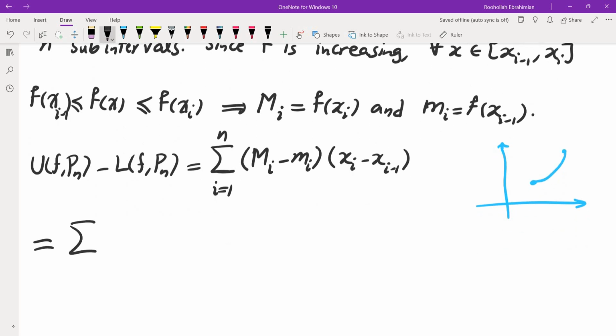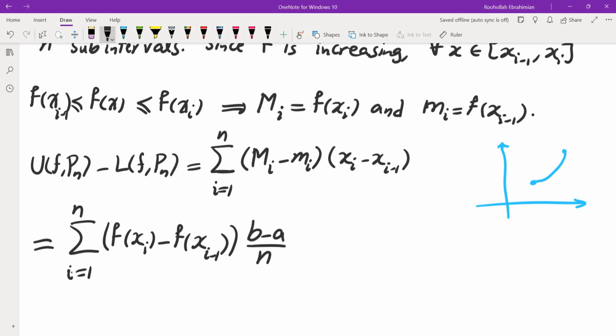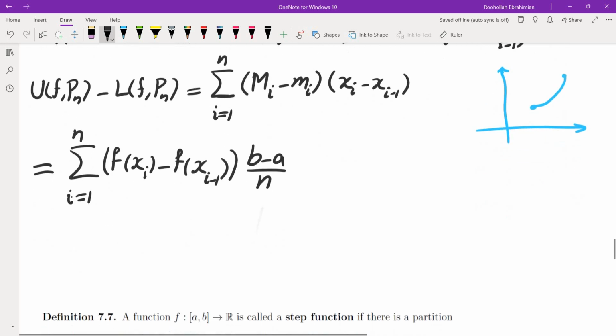So let's write this down. Substitute capital Mi with f of xi and lowercase mi with f of x_{i-1}. Xi minus x_{i-1} is the width of each of these subintervals. The width of the whole interval is b minus a. Since it is regular, the width of each one of those pieces is b minus a over n.